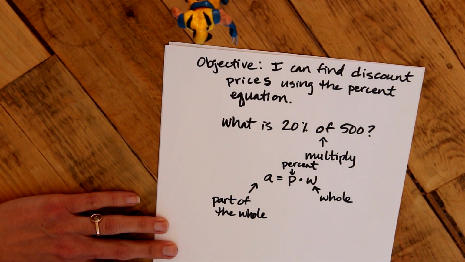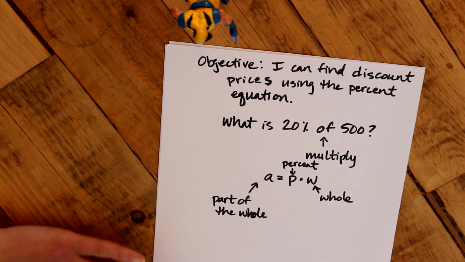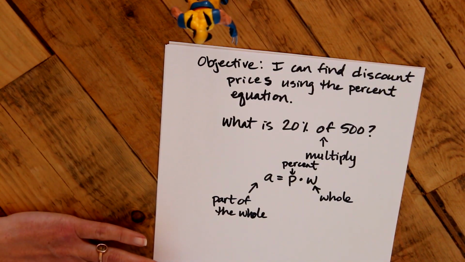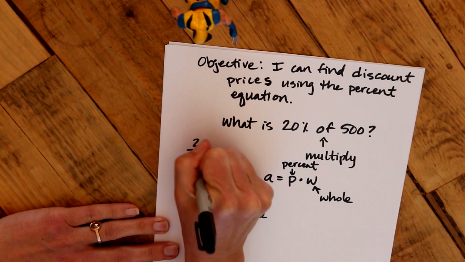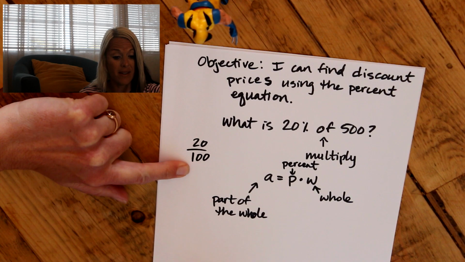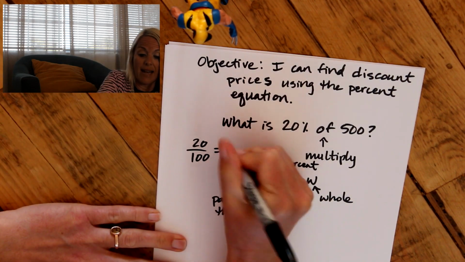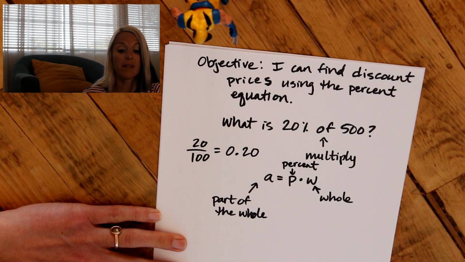So remembering back to our converting from percents to decimals lesson, we learned that 20% means 20 over 100, which is the same thing as 20 hundredths. And that written as a decimal is simply 0.20, or 20 hundredths.